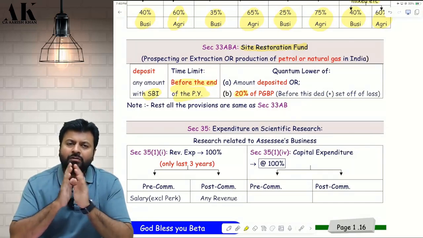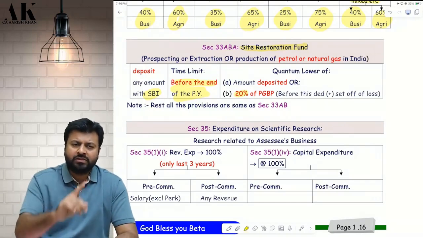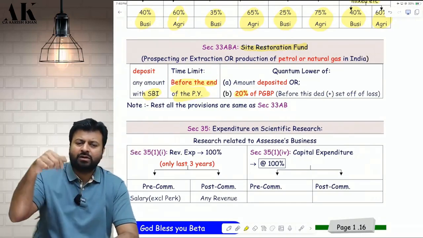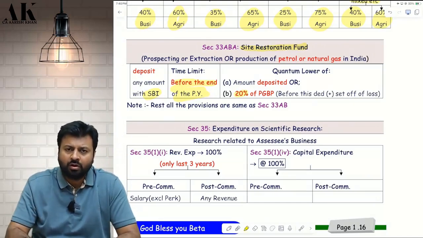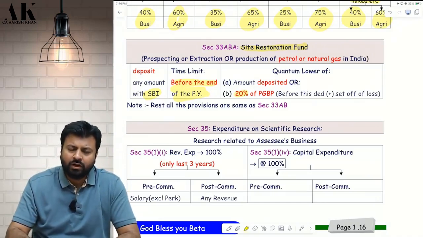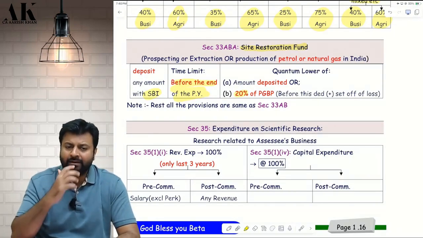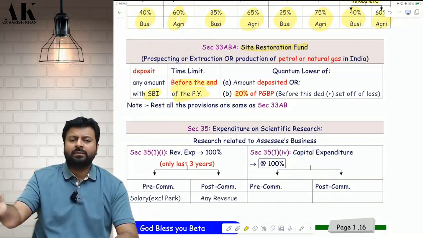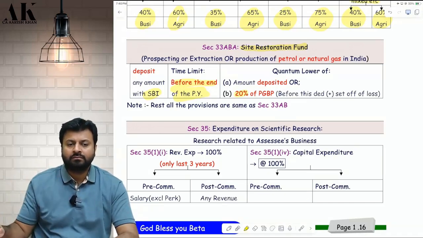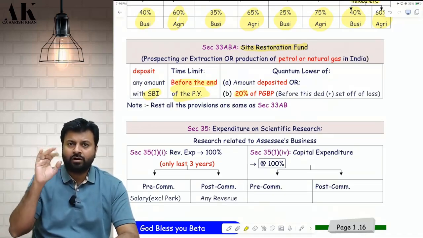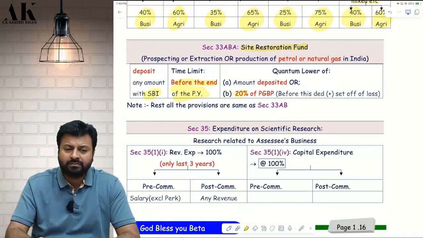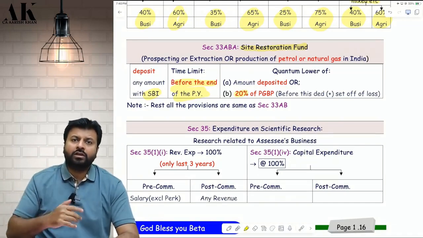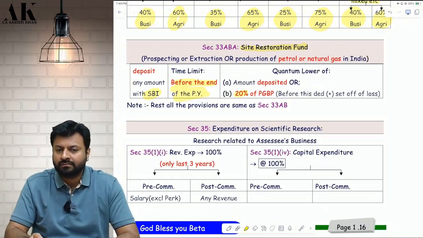Now let's talk about complete similarity. Rest all provision, as you can see over here, are absolutely similar to 33AB. Whatever points were mentioned there, all of them are applicable here. Once you deposit the money in SBI, you cannot withdraw. In 5 cases, you can withdraw, out of which 3 are exempt, 2 are taxable. If you withdraw, then you have to use in the same financial year.